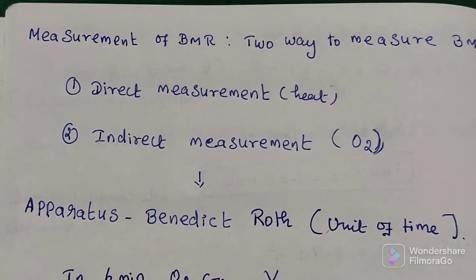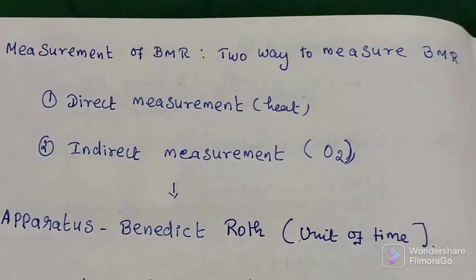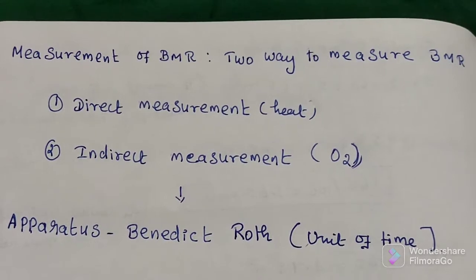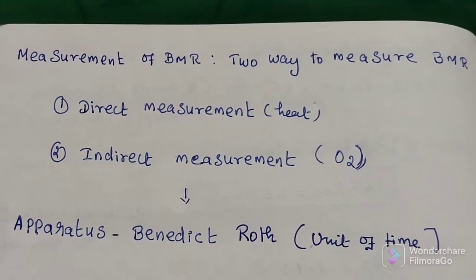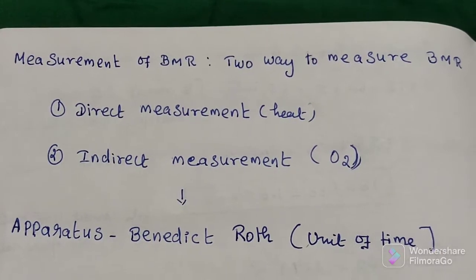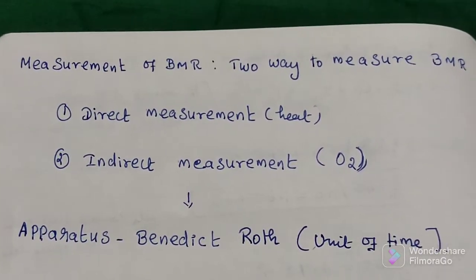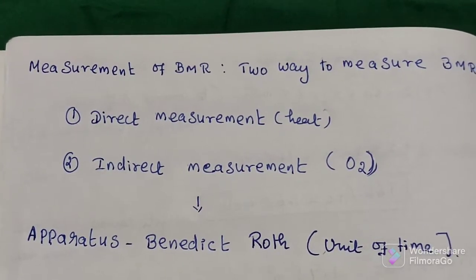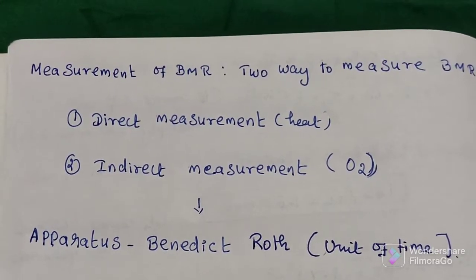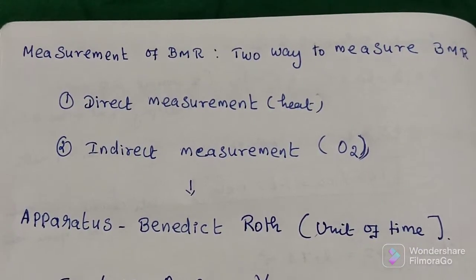Now how is it measured? There are two ways to measure BMR. First one is direct measurement, measuring heat evolved. Second one is indirect measurement by measuring oxygen consumption. For oxygen measurement, there is an apparatus called the Benedict Roth apparatus.